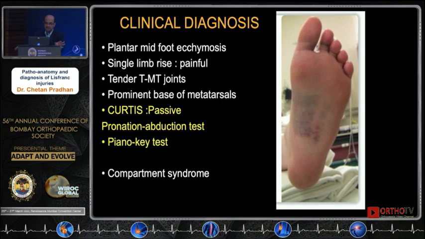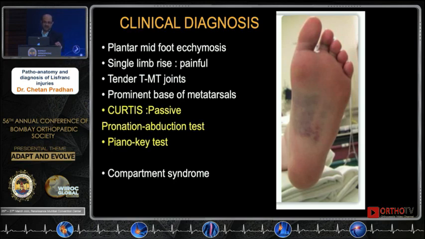What is more important is how to diagnose it, and that is the gist of the talk today. The most important sign is the midfoot ecchymosis on the plantar aspect, especially well seen in a clean foot. So you need to clean the foot before you can see it, especially in dark-skinned people like us.